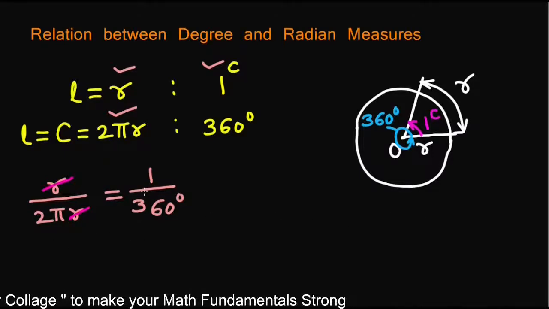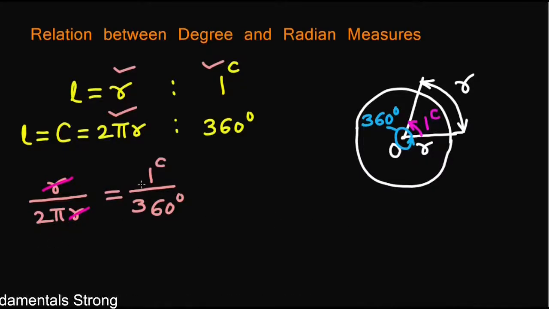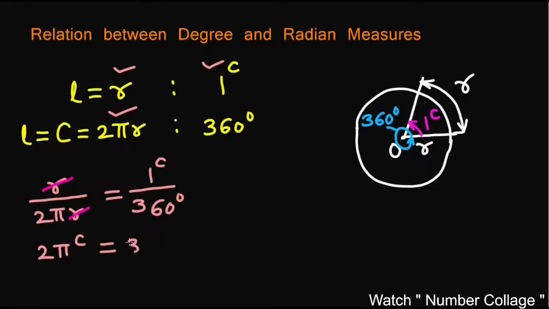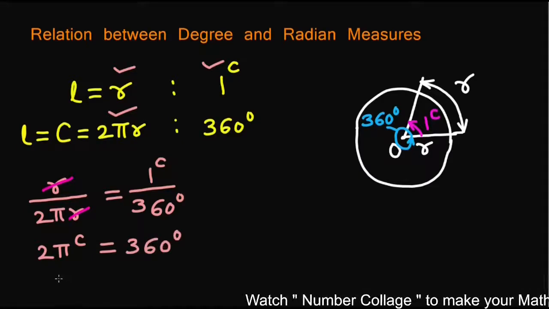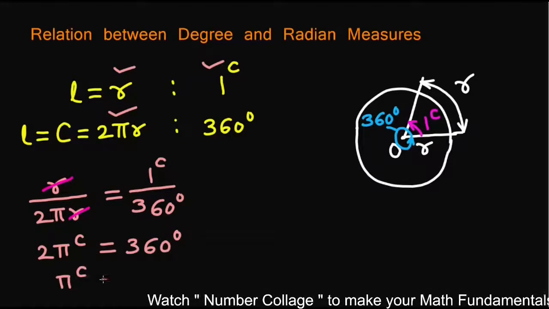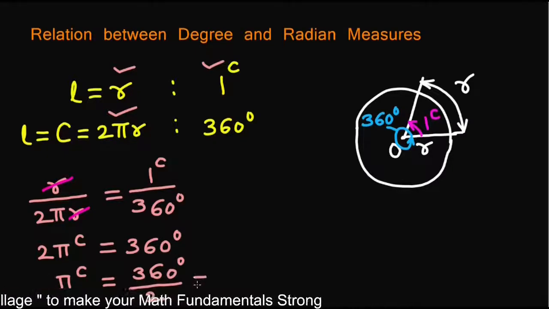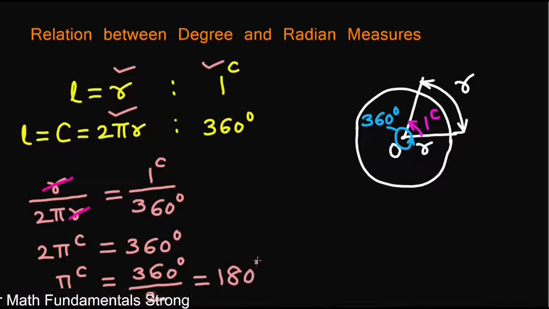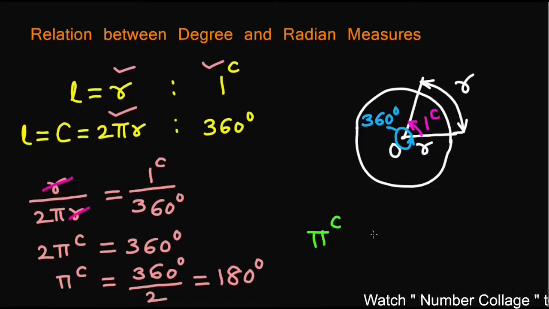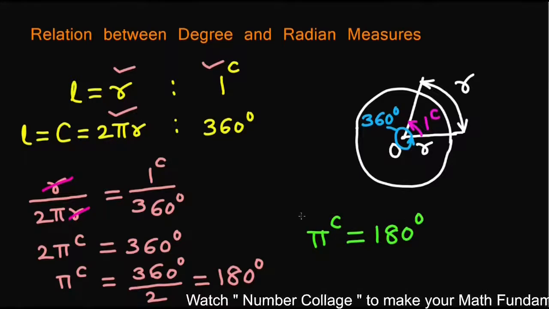By cross multiplication, we write 2 pi into 1 radian, that is 2 pi radian, equals 1 into 360, that is 360 degrees. So that gives us pi radians equals 360 degrees by 2, which is 180 degrees. So here we get a very important relationship between degree and radian measure, which is pi radians equals 180 degrees.